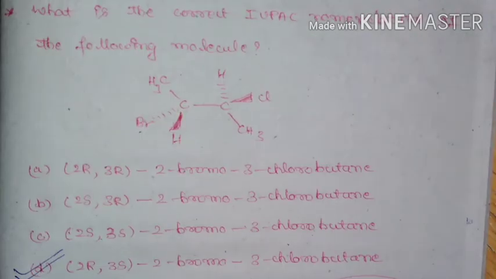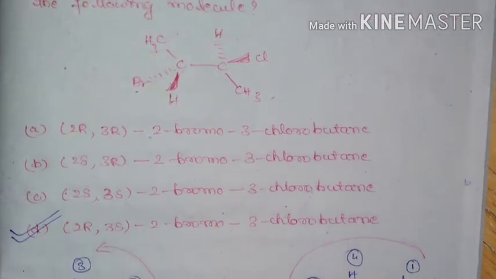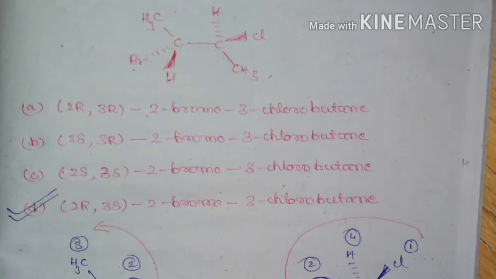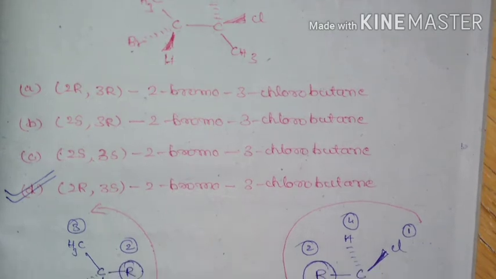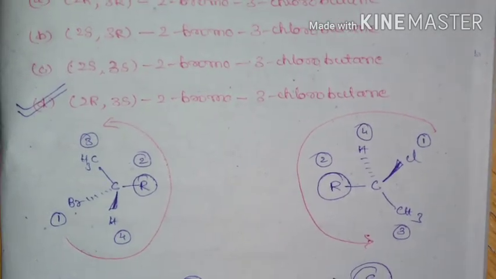Next, what is the correct IUPAC nomenclature of the following molecule? Here they are given one molecule, and the correct nomenclature will be (2R,3S)-2-bromo-3-chlorobutane. We need to identify the configuration at the second carbon and at the third carbon atom.